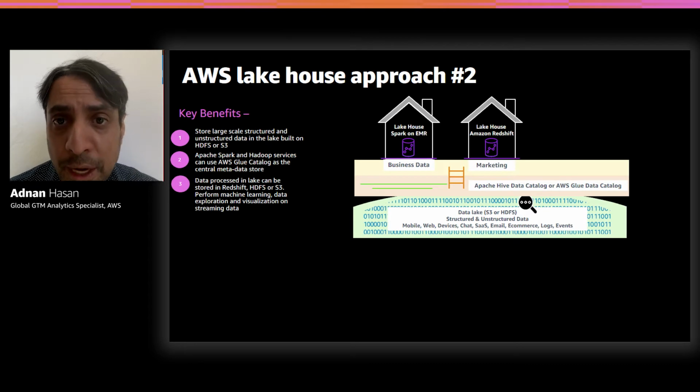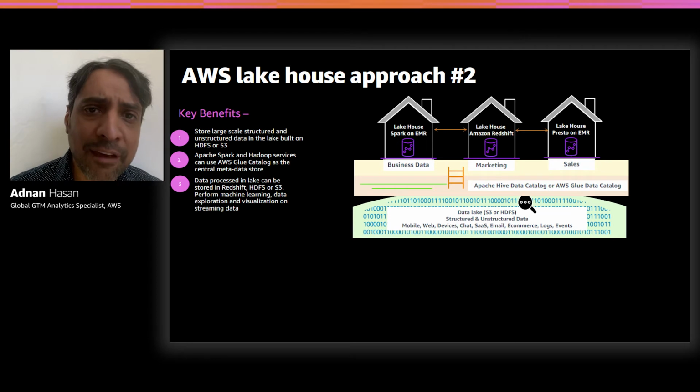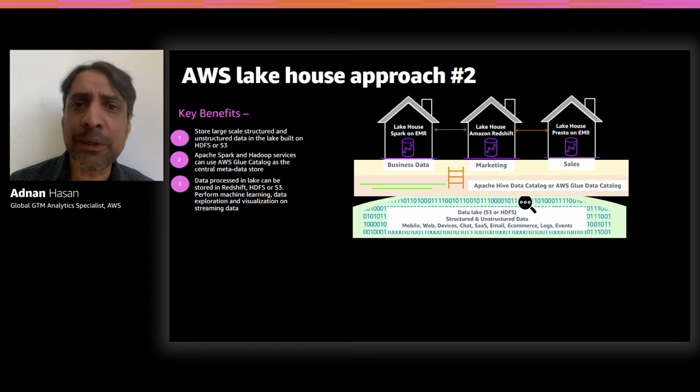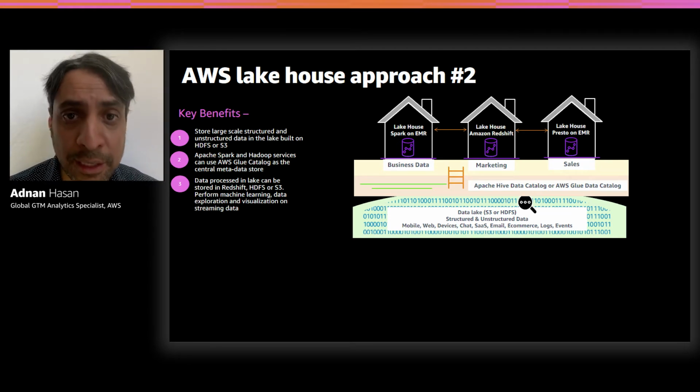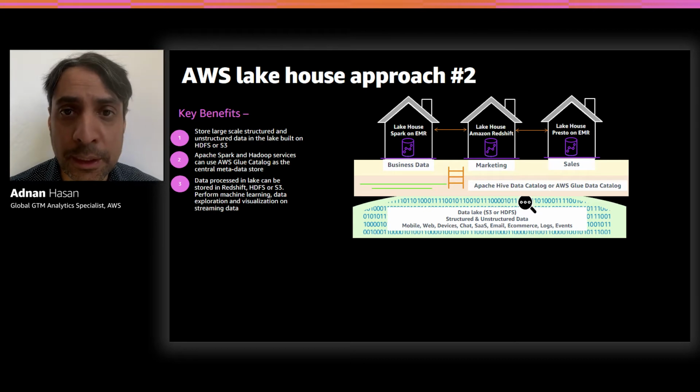A common scenario, or a pattern that you can use, is having different compute or analytical layers on top of this environment. Like you can have Spark on EMR, you can use a lakehouse with Redshift, or you can use Presto on EMR.